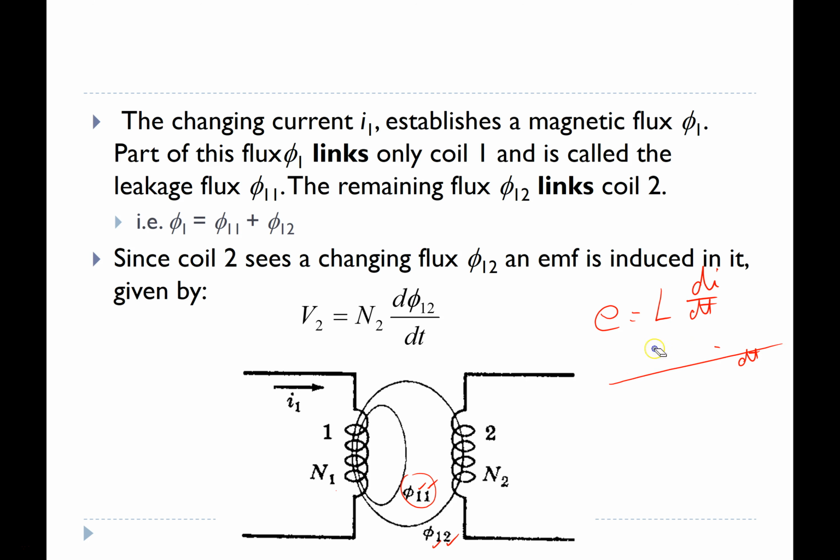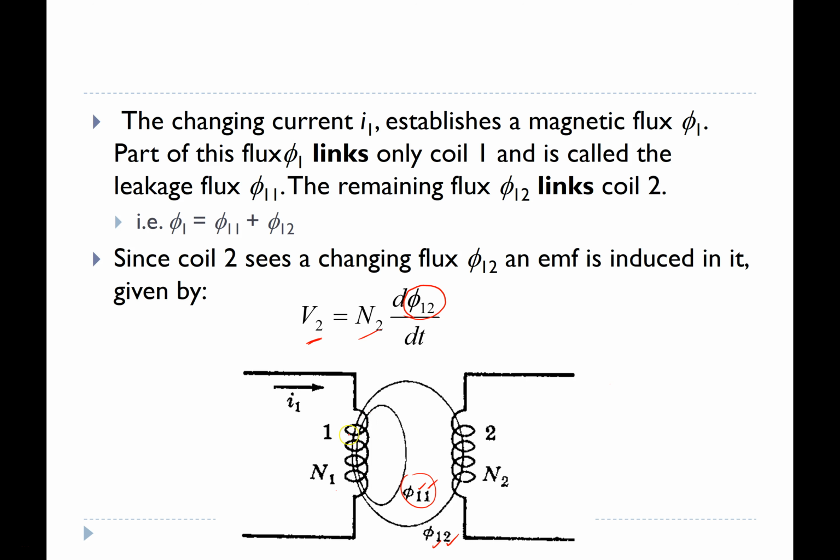For mutual inductance, since we don't have that, only the portion of the flux that does link the coil, phi 12, contributes to the voltage being induced. So we have the voltage in the secondary is N2, which is the number of turns in the secondary side, multiplied by phi 12, which is the flux linking sides 1 and 2, the flux generated by side 1 that makes it to side 2.